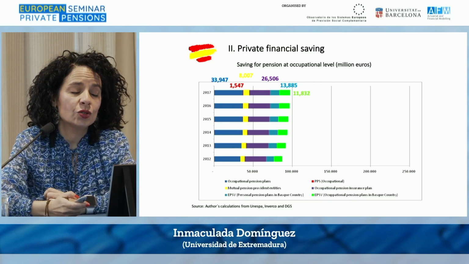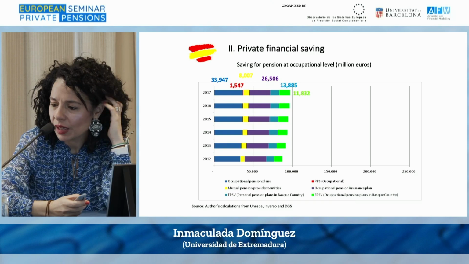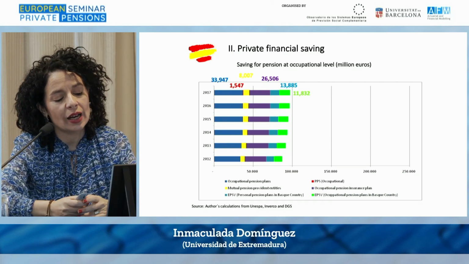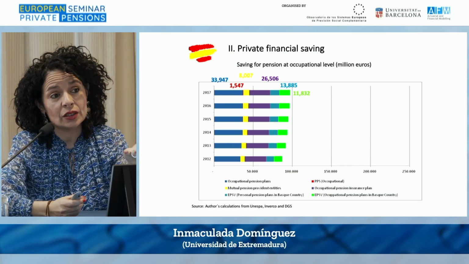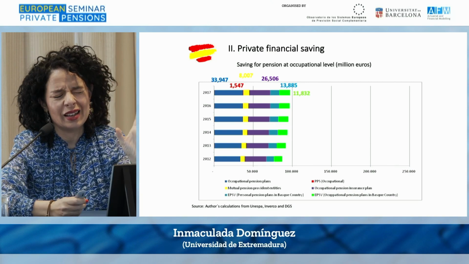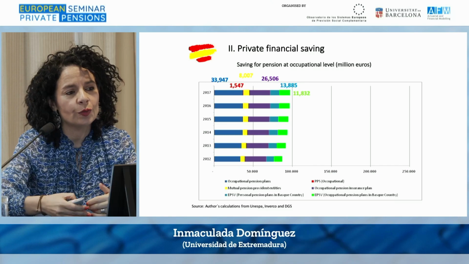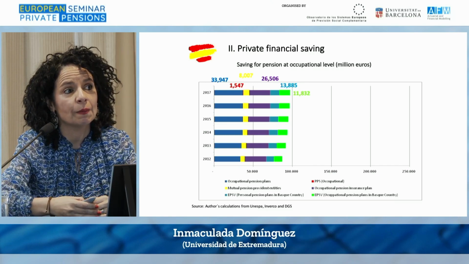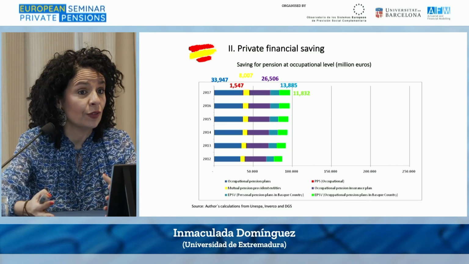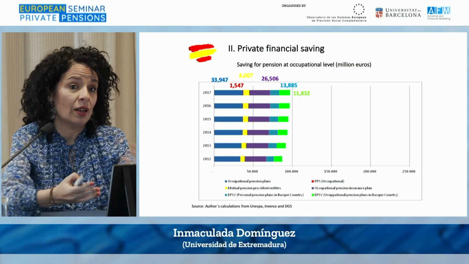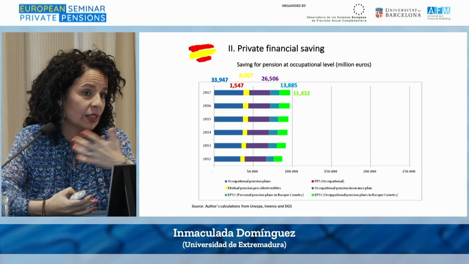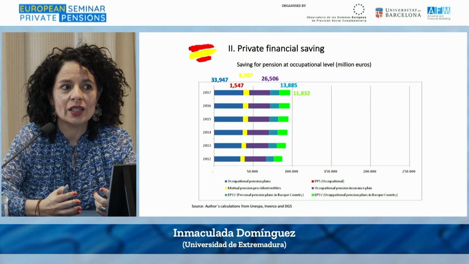And it's true, because it's important to understand that the development of the industry is different in the Basque Country and, for example, in my place, which is Extremadura. Why is this important?